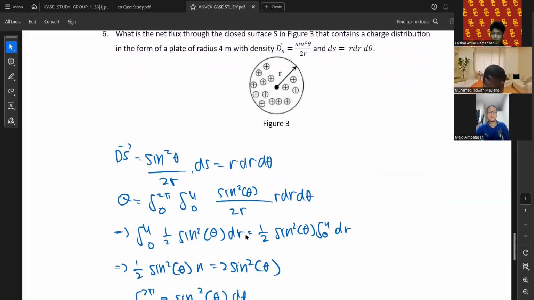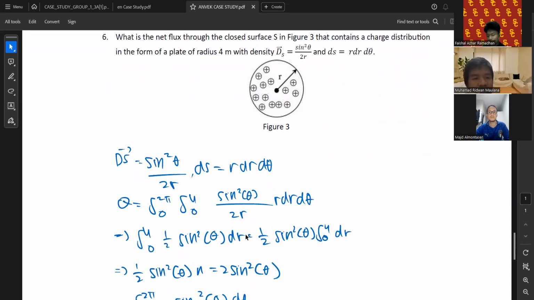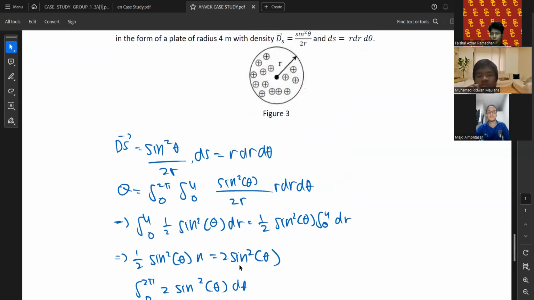So the next question is: what is the net flux through the closed surface as in figure 3 that contains a charge distribution in the form of a plate of radius 4 meters with density rho s equals sin squared theta over 2r, and dS equals r dr d theta.